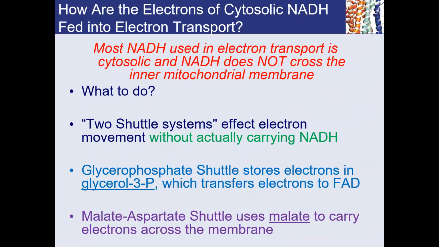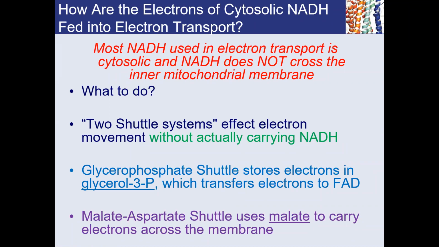So you know that NADH concentration is 100,000 times higher in mitochondria than in cytosol. But very curiously, most NADH that is utilized in the electron transport chain is cytosolic in nature. People have done labeling experiments and they have proved it, okay?